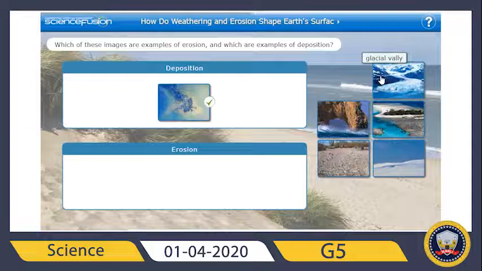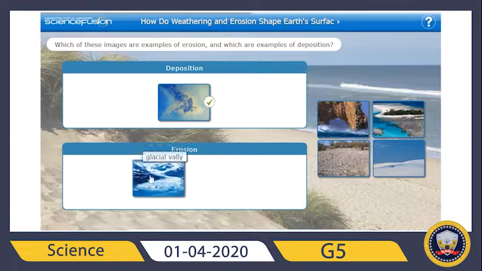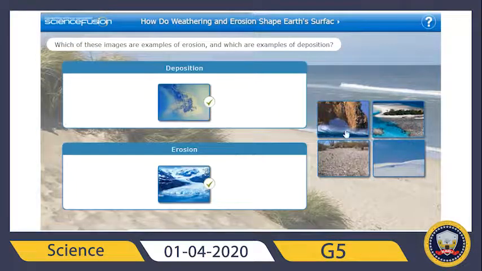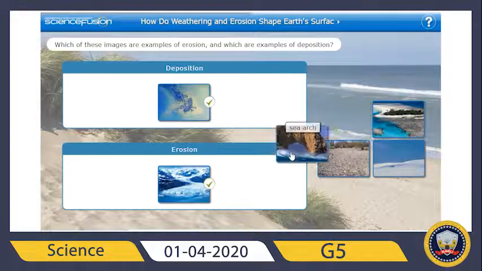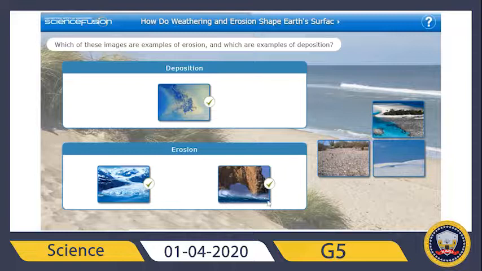But a valley that is formed by glacier, formed by ice, this valley here is formed by ice, so it is a result of erosion. Or this sea arch is a result of erosion by water. Water eroded this rock.